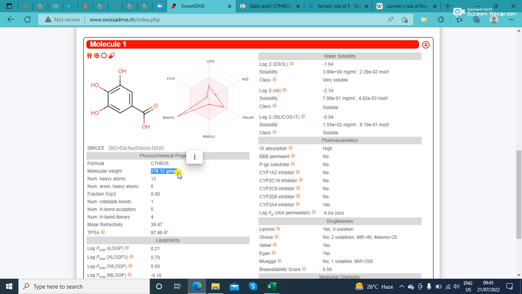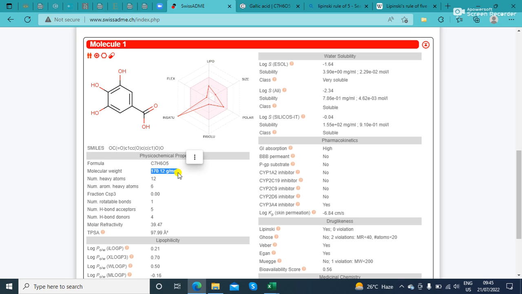So for the molecule gallic acid, in Lipinski's rule, the molecular weight being 170.12 is less than 500, so it is respecting the rule.